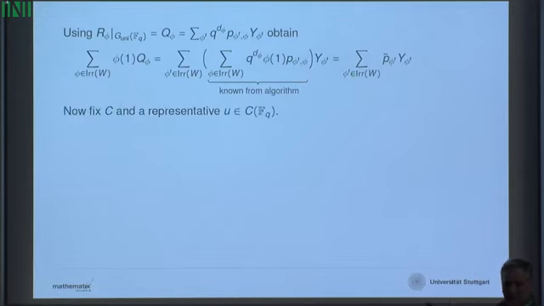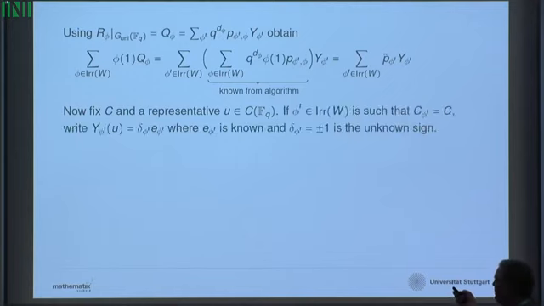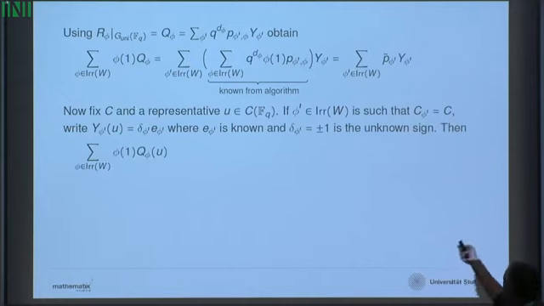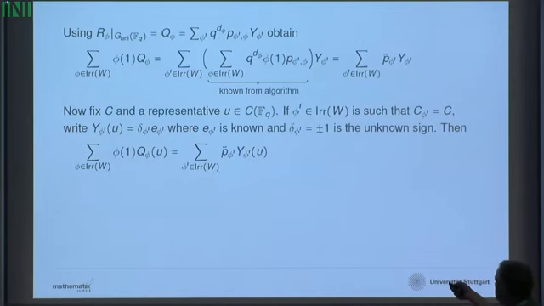Now fix a unipotent class C and a representative u. Then I said the Y function is almost known up to a sign. So we write this value as a sign times something which is known. We put this into this formula, we evaluate on u.